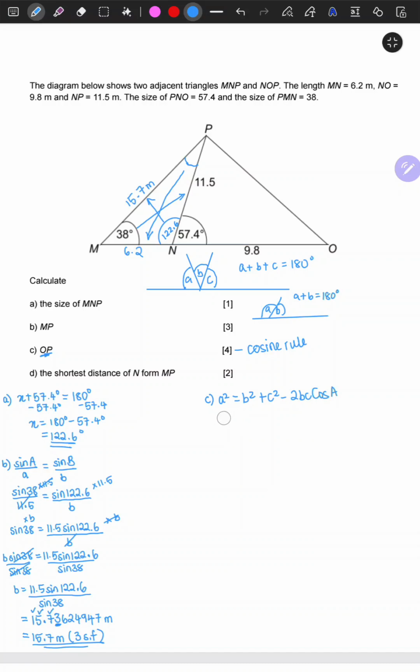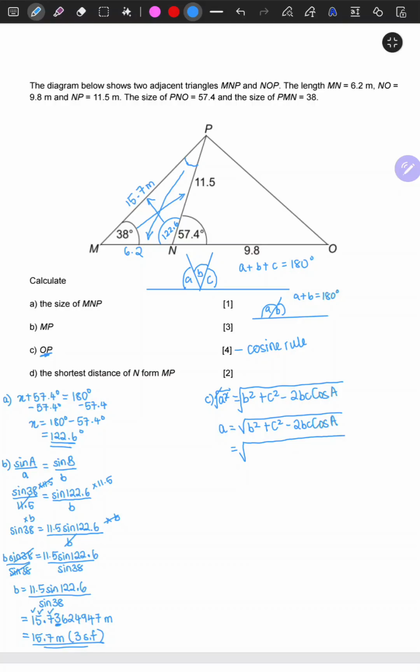Or actually, before I proceed, at this point we can just take the square root of both sides, and because we're doing the same thing to each side of the equation, the square root will cancel out that squared. So we remain with a equals the square root of b squared plus c squared minus 2bc cos a, and that makes the job easier. All we need to do is input values.